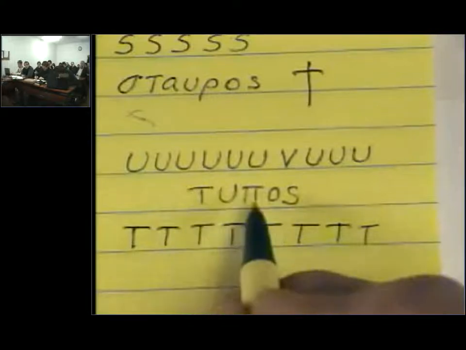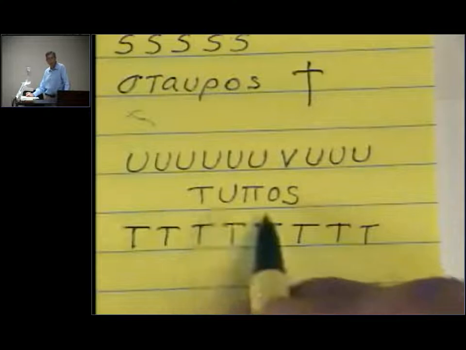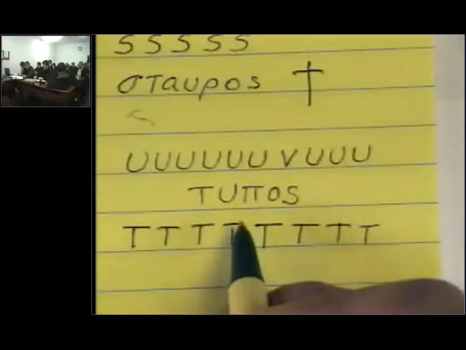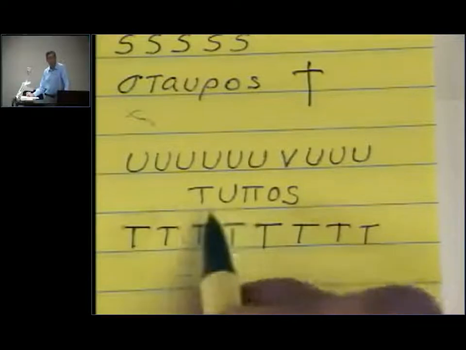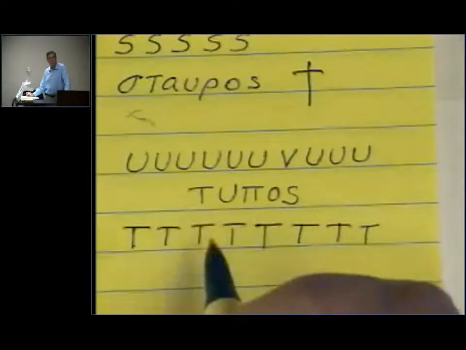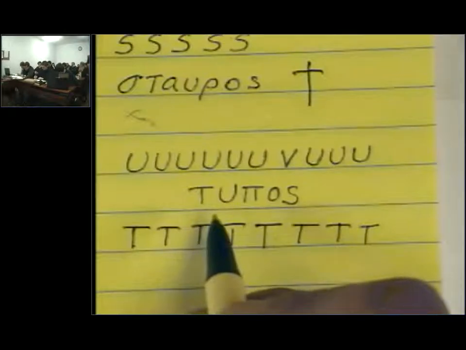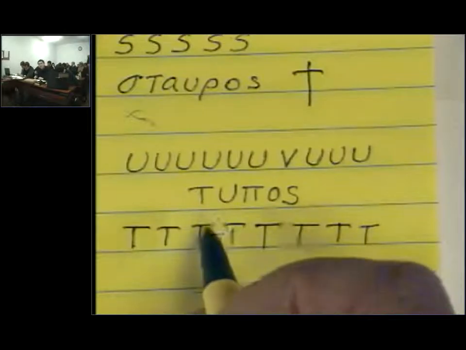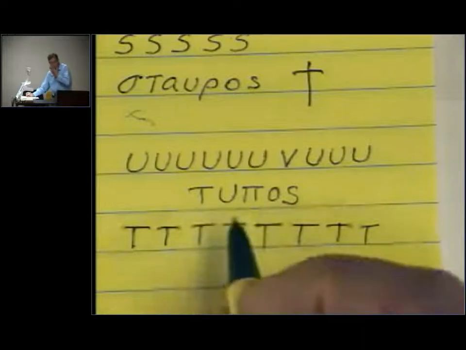Tupos is a Greek word which means a pattern or an example. Jesus has left us an example, a tupos. Baptism is a tupos of the death, burial, and resurrection of Jesus.